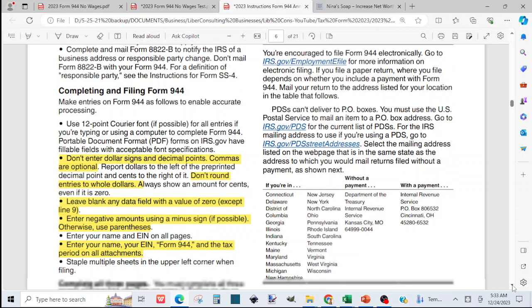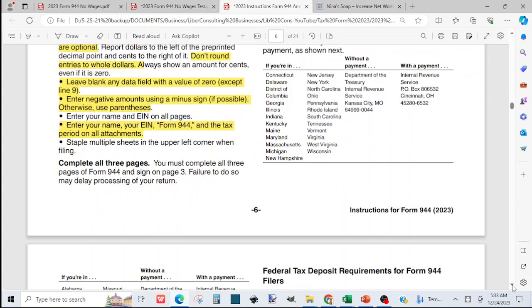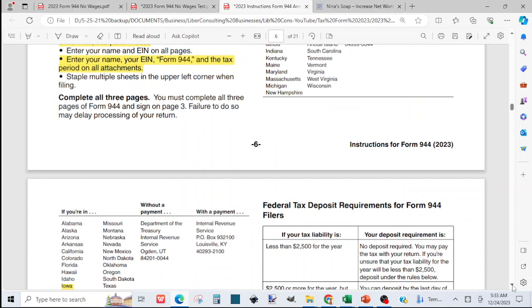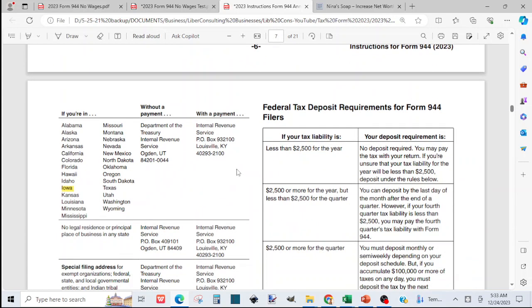So we are going to use an example here and use Iowa, where Liberman Consulting L.L.C is located. We are in Iowa, without a payment.